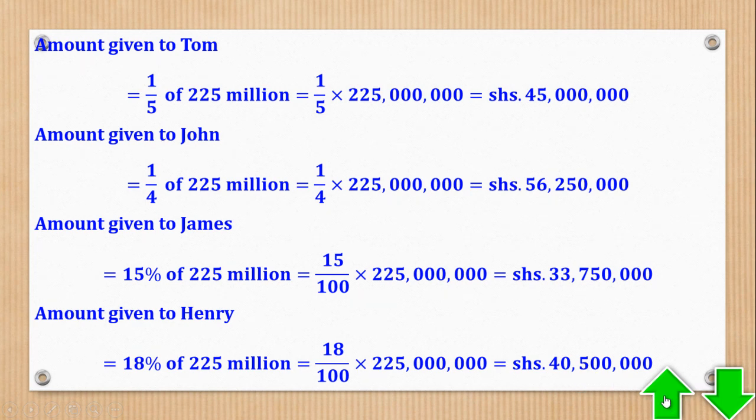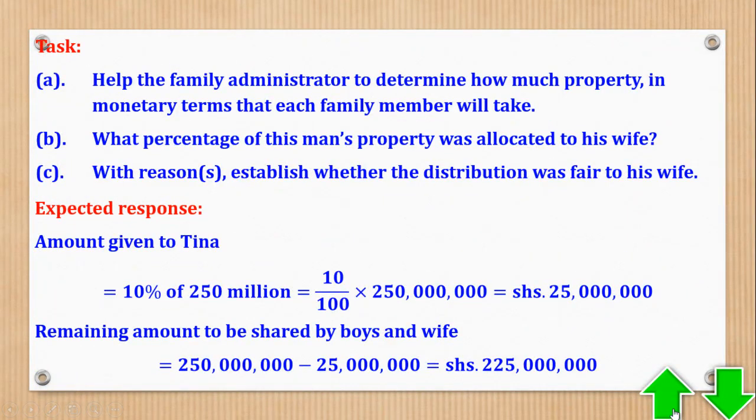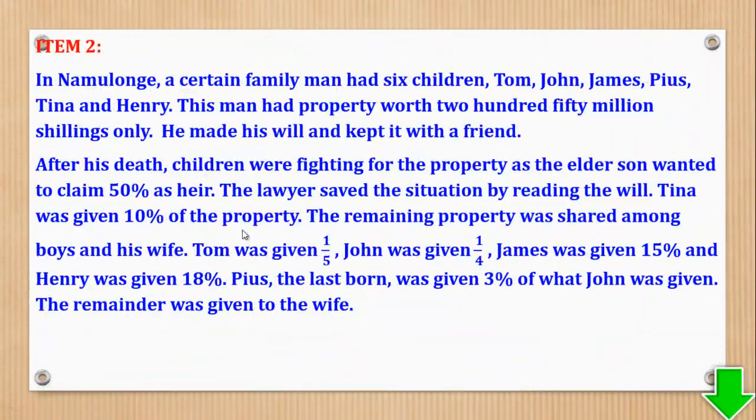Then from Henry we shall go to Pius. Pius, the last born, was given 3% of what John was given.